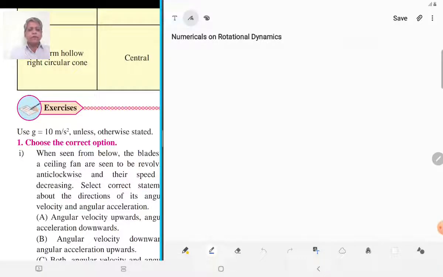That means the value of acceleration due to gravity g is considered 10 meter per second square for the numericals in which the value of g is not given. If the value of g is given in the numericals, at that time that value can be used. Otherwise, the value of acceleration due to gravity is considered 10 meter per second square. Remember this thing.